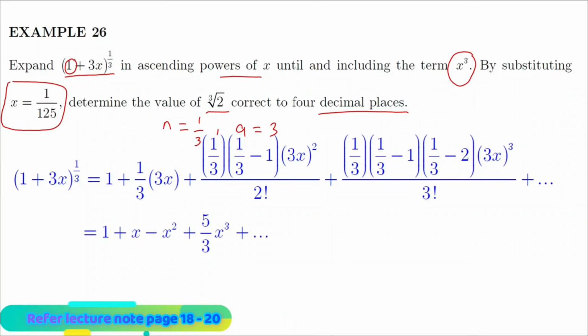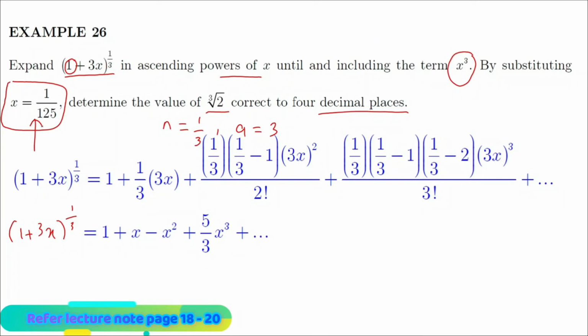We then get 1 plus x minus x squared plus 5 over 3 x cubed plus so on. Note that the left-hand side is (1 + 3x) to the power 1 over 3. The question asks us to substitute x equals 1 over 125.